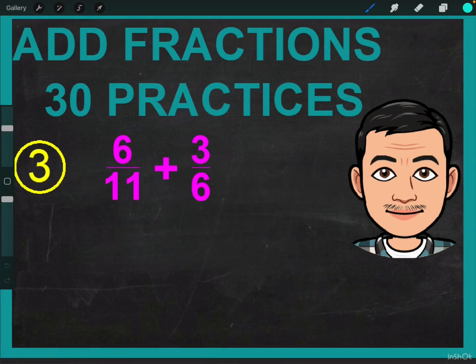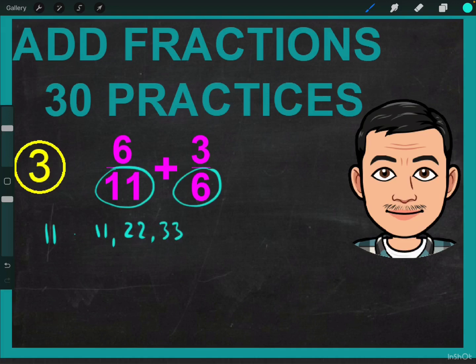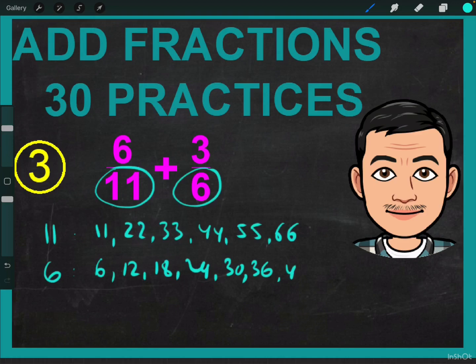For practice number 3, we have 11 and 6 as the denominators. For 11 we have 11, 22, 33, 44, 55, 66. For number 6 we have 6, 12, 18, 24, 30, 36, 42, 48, 54, 60, 66.